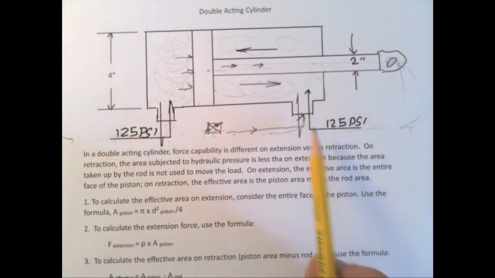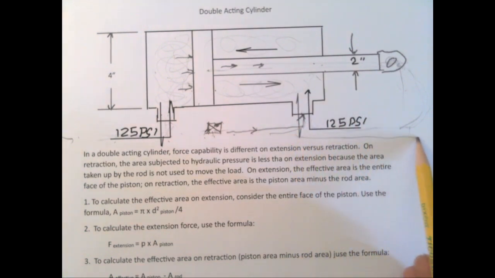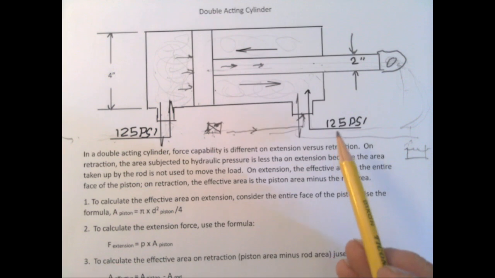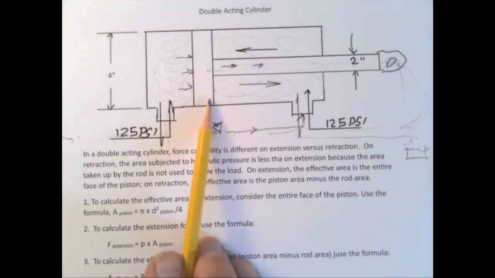And the same thing over here. This fluid comes back out and goes into a reservoir, the same one, I'm sure. It's just schematically drawn like this. But anyway, back to what I was saying.